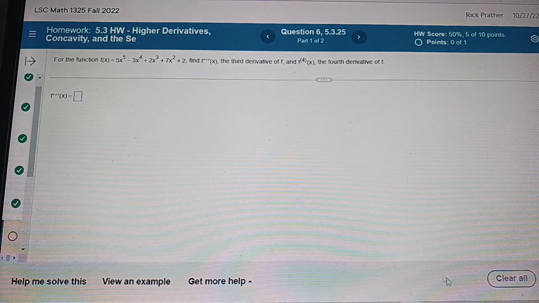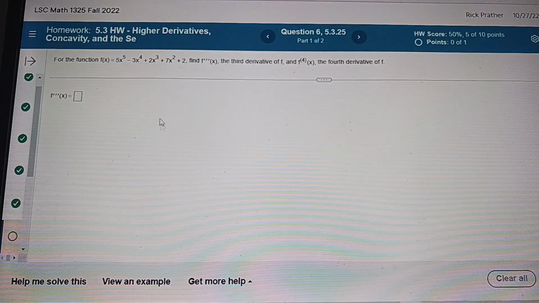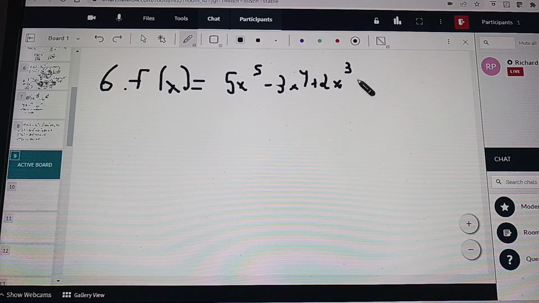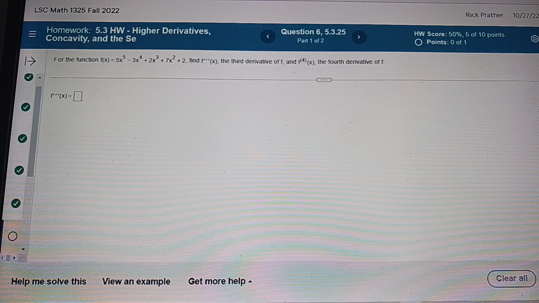Now we're starting with a fifth power. 5x to the fifth minus 3x to the fourth, 2x cubed plus 7x squared plus 2.